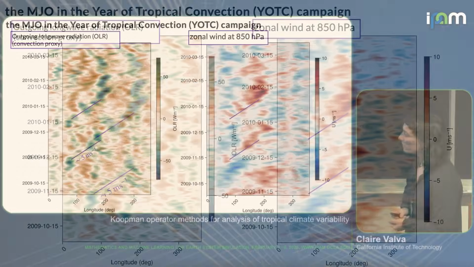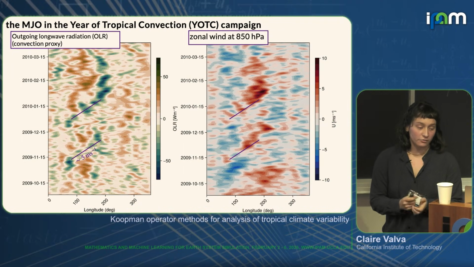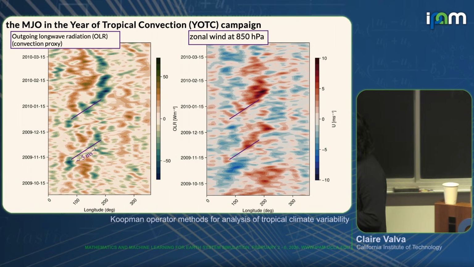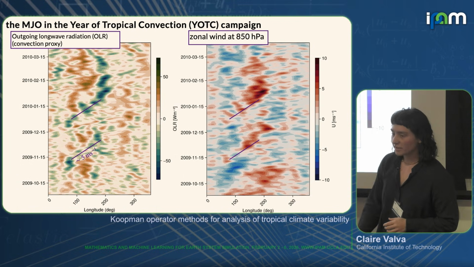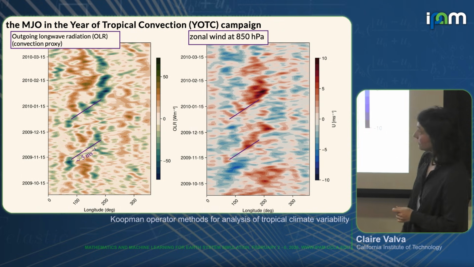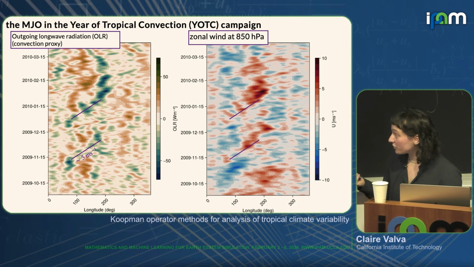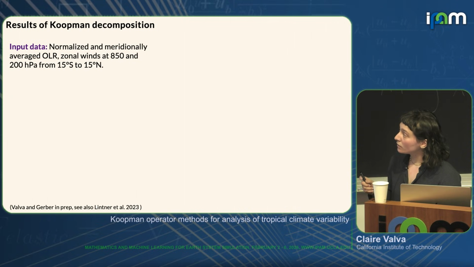Again, I'll highlight these 2 MJOs that are defined in the data, and they have this approximately 5 meters per second propagation. This is what we're going to look for here. We're going to hope that from data we can pull something out with these Koopman variables, this Koopman decomposition.